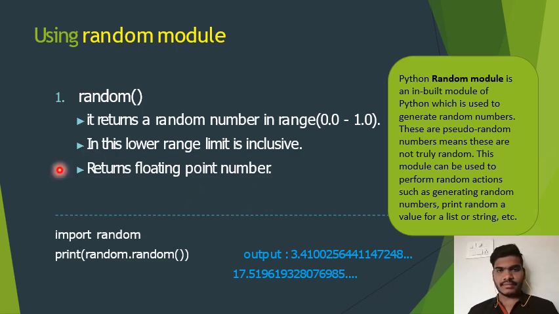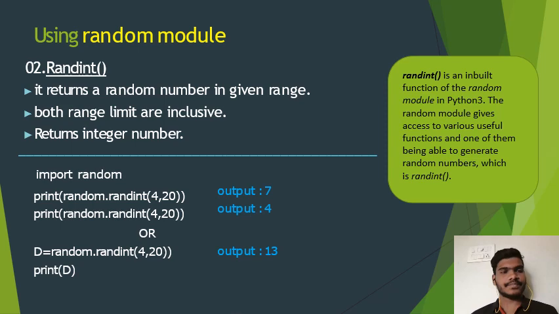It returns a random number in the range 0.0 to 1.0, returned as a float. Import random, print random dot random. Output is given here.